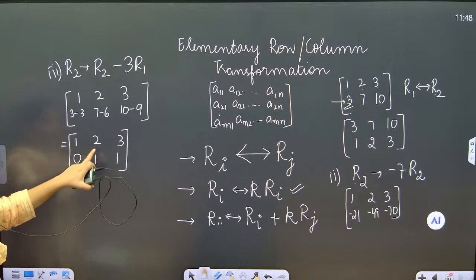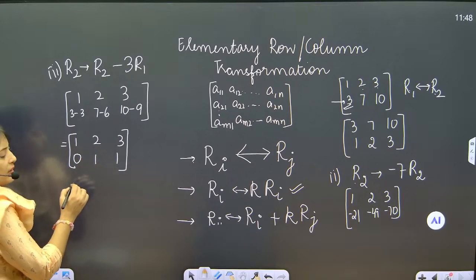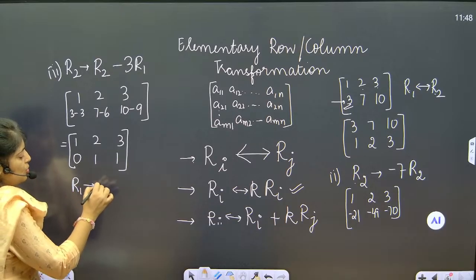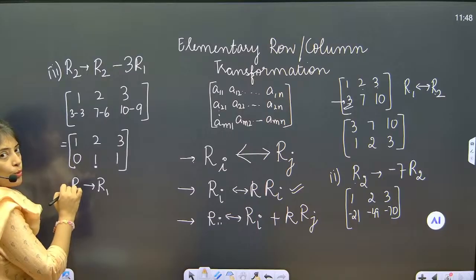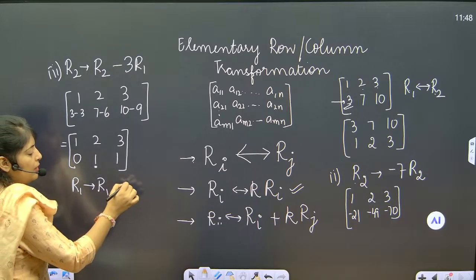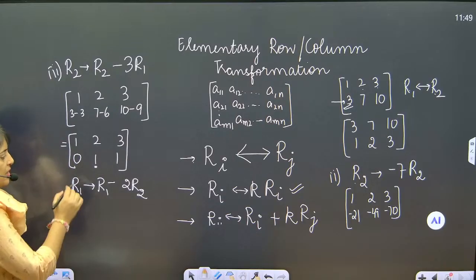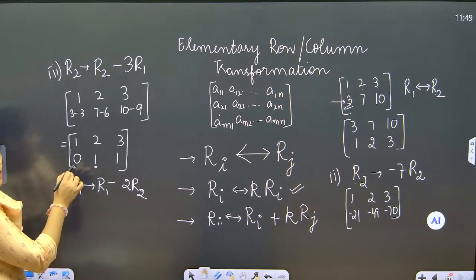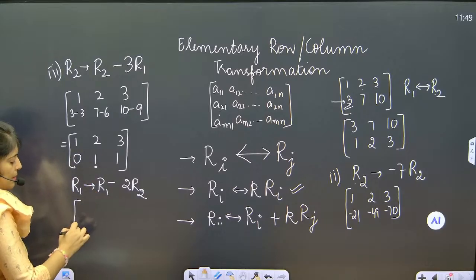Now suppose I have to make this 0, what will I do? R1 tends to, if I multiply this with 2, what will it become? Subtract it. If you multiply 0 with 2, it will become 0 only, and this will remain the same.